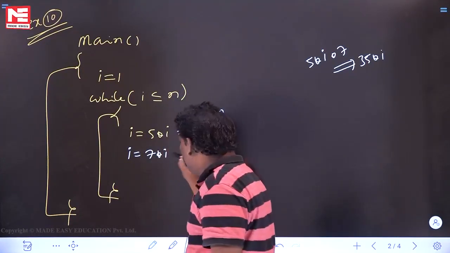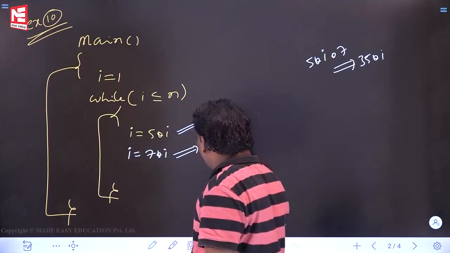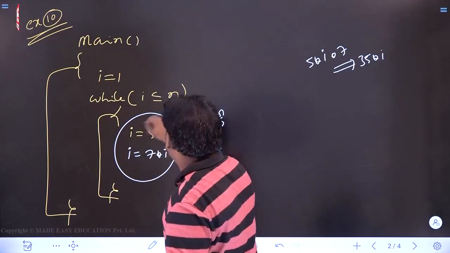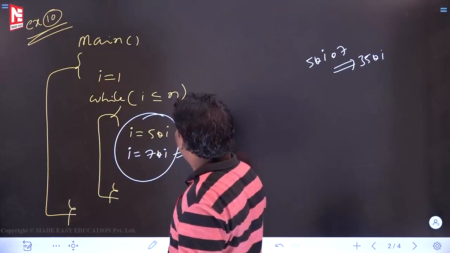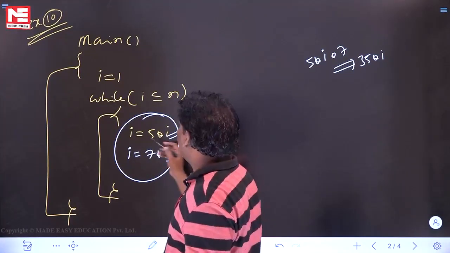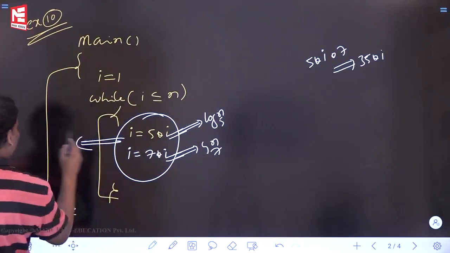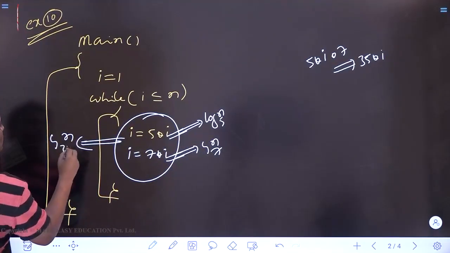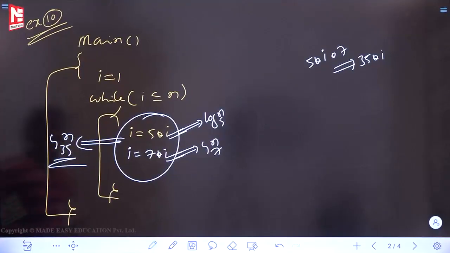If only the other is there, it is going to be log n base 7. If both are there, the answer is going to be log n base 35. That is the purpose of this problem.